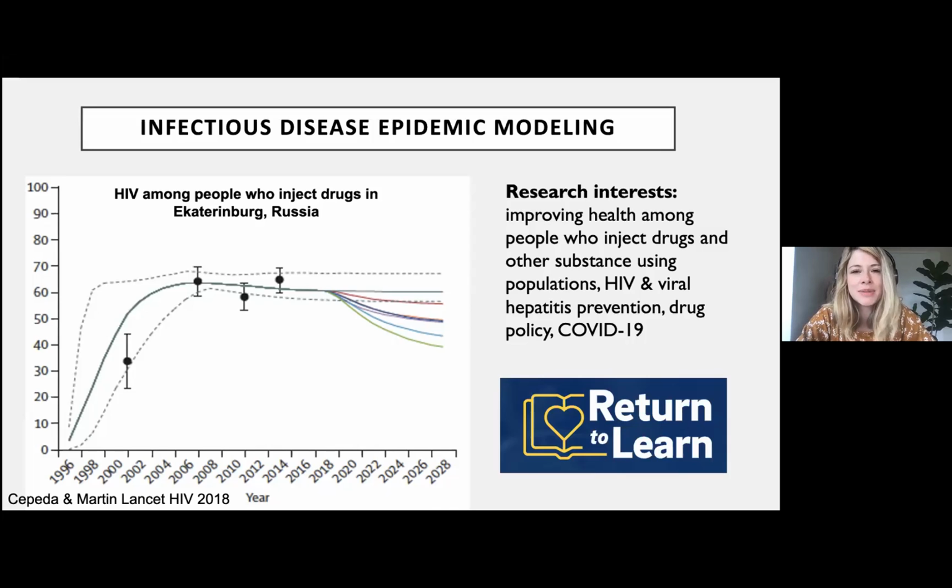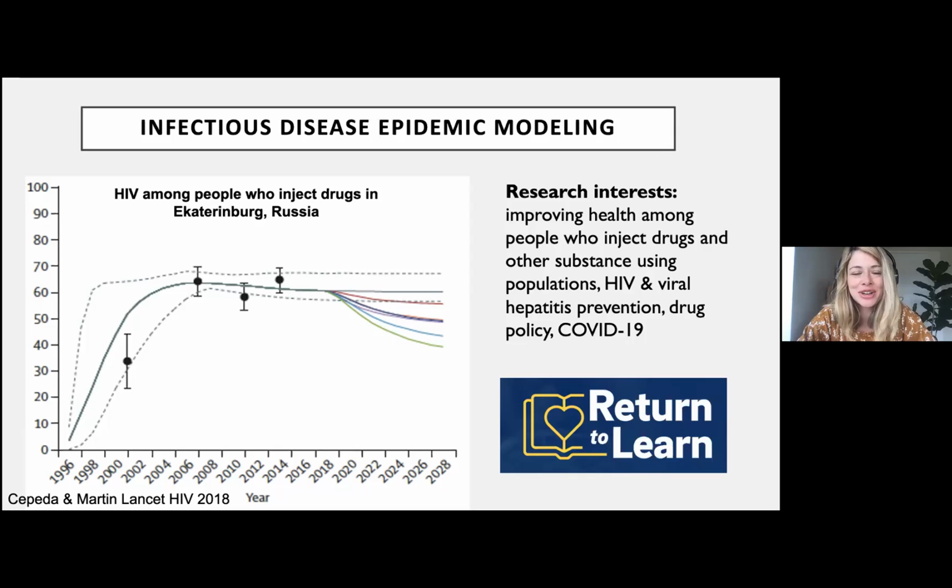I have mostly modeled HIV transmission and prevention, as well as viral hepatitis. And I'm very interested in structural drivers of risk, thinking about how policies such as drug policies and criminalization of drug use can lead to and fuel infectious disease transmission.